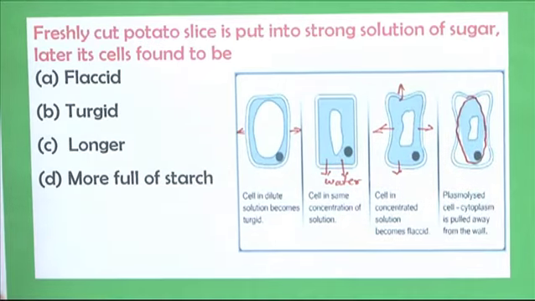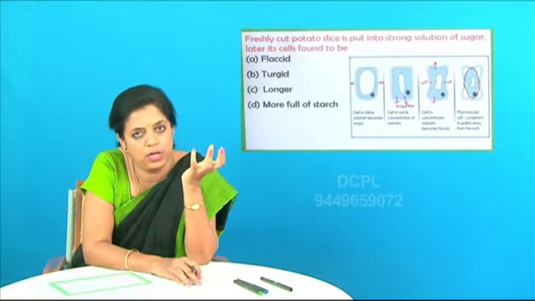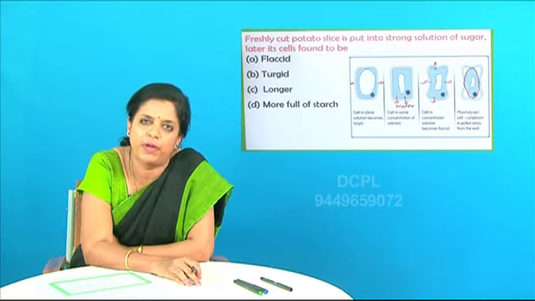This we call plasmolysis. You already know the definition of plasmolysis. So when a cell is placed in hypertonic solution, initially it becomes flaccid, later its protoplast shrinks because water is totally lost. This we call complete or evident plasmolysis.